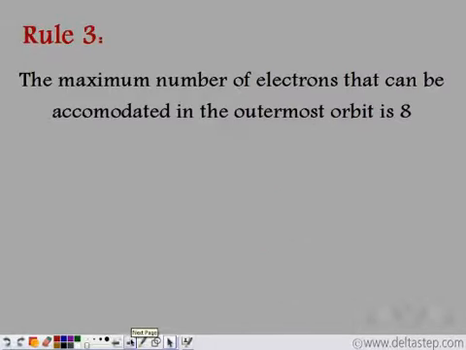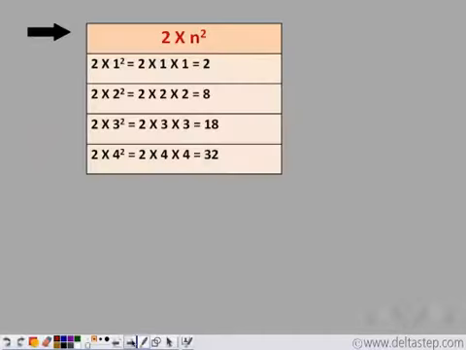The third rule says that the maximum number of electrons that can be accommodated in the outermost orbit is 8. So the outermost orbit cannot have more than 8 electrons. Let's revise the 3 rules. According to the first rule, the electrons occupy the shells following the rule 2n².